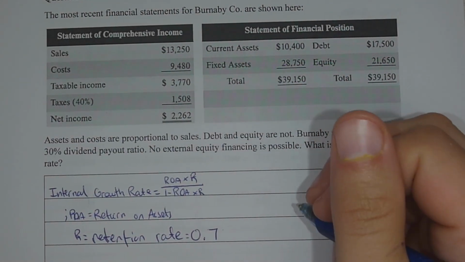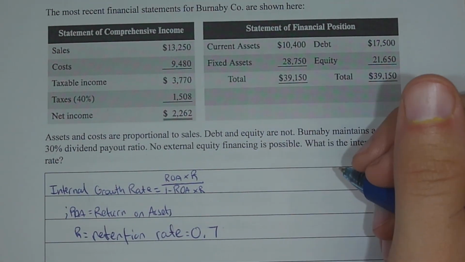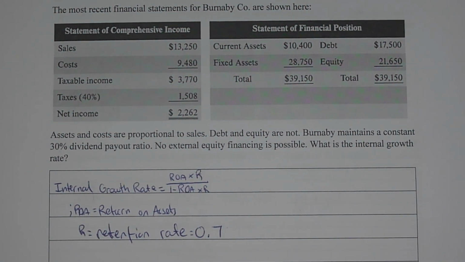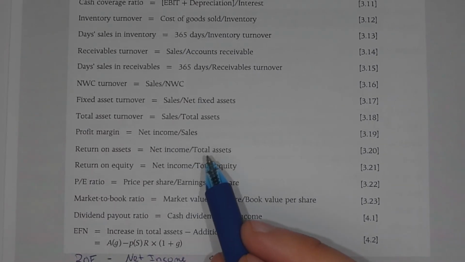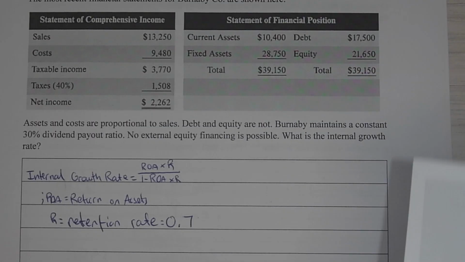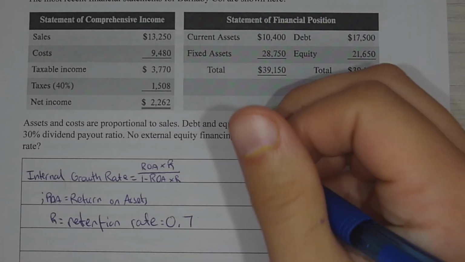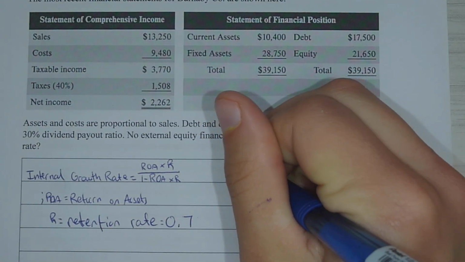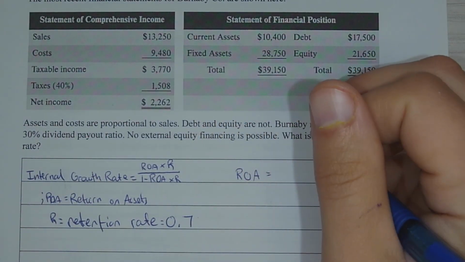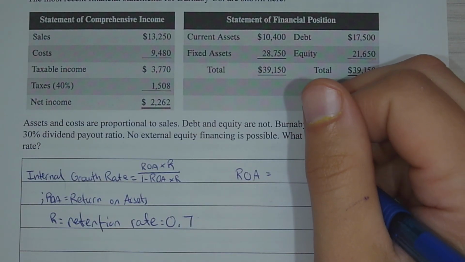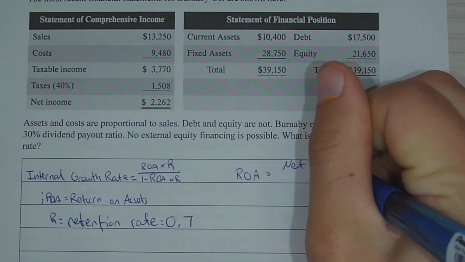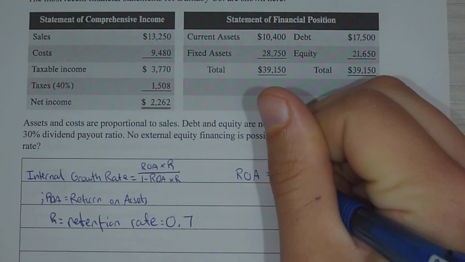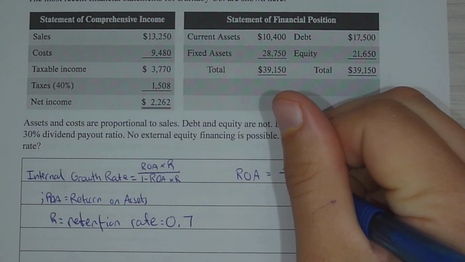Our return on assets, on the other hand, is more difficult. Our return on assets is our net income divided by our total assets. So our ROA is equal to our net income divided by our total assets.